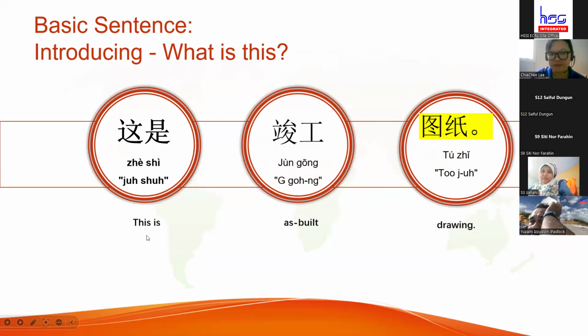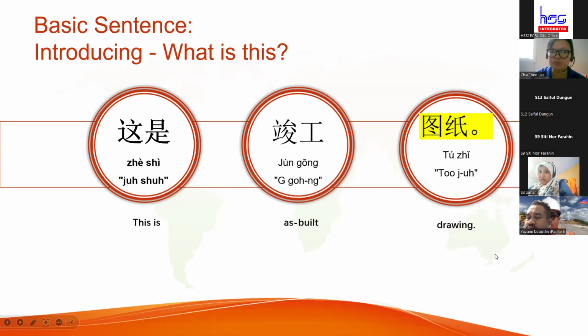I want to specify, I say, this is as-built drawing. 这是竣工图纸. Alright? And then when I want to say, 这是竣工 report.